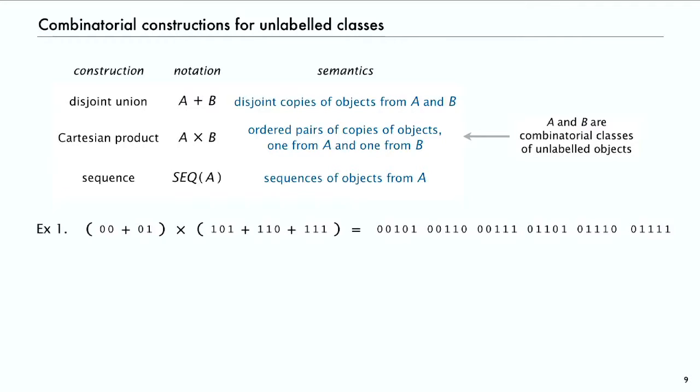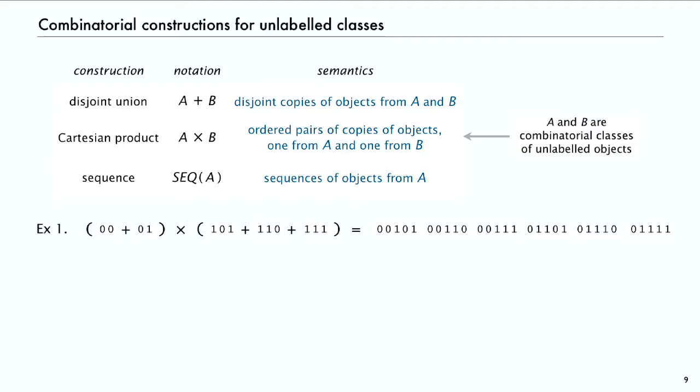And these are just examples of how a construction might work. So for bit strings, you could use the usual distributive law. So 00 plus 01 has copies of 00 and 01. And it's the same on the right.